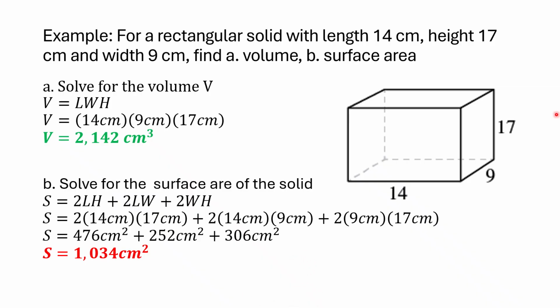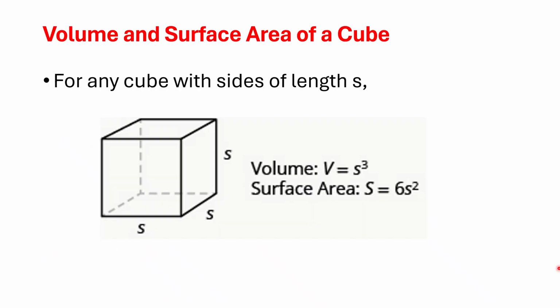Alright, so next let's have the volume and surface area of a cube. For any cube with sides of length S, like this illustration here, this side is S, this side is also S, which means the length, width, and height are the same length.